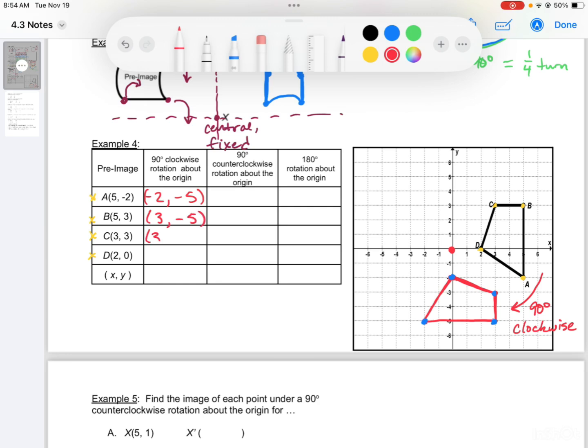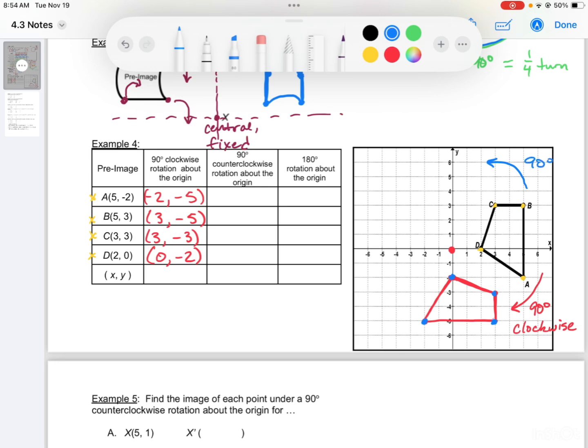B moved to 3, -5. C moved to 3, -3. And D moved to 0, -2. So you might already be seeing some kind of pattern here, but let's see if we can get some more information before we get any conclusions.